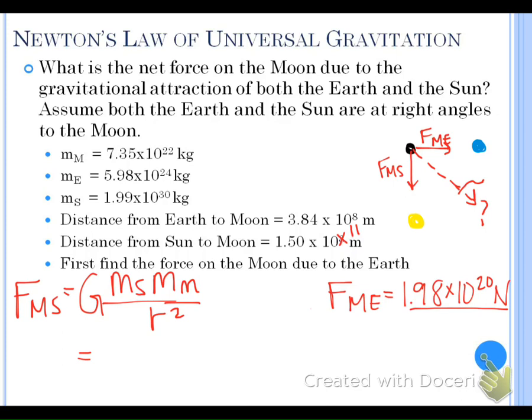So make sure that on the distance from the sun to the moon we've changed it from 1.50 times 10 to the 8th to 10 to the 11th, because I had a typo there. And then we're going to plug into this equation to solve for the gravitational force on the moon due to the sun.